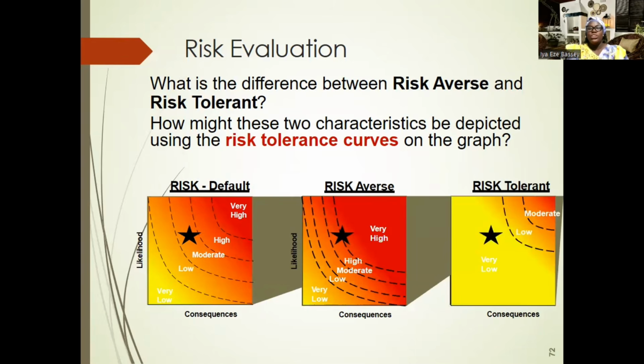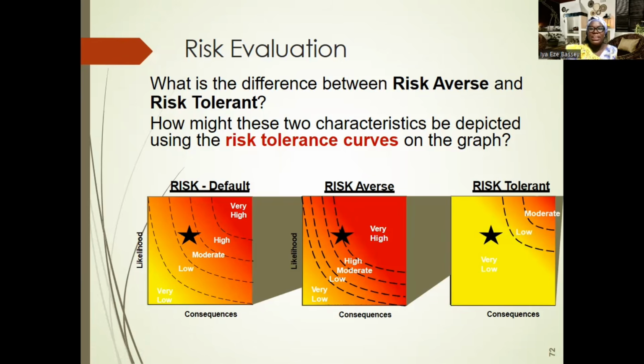All right. So if you have an institution that is risk averse, they do not like risk, you will find out that their curve looks like this. They give more chance to anything, their tolerance level is low. They don't want any risk.